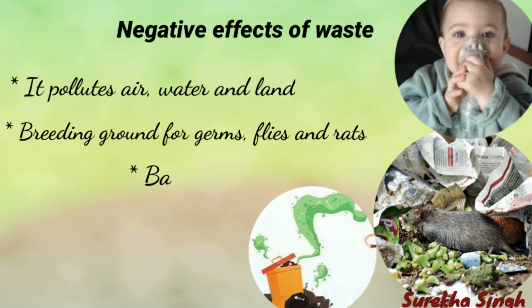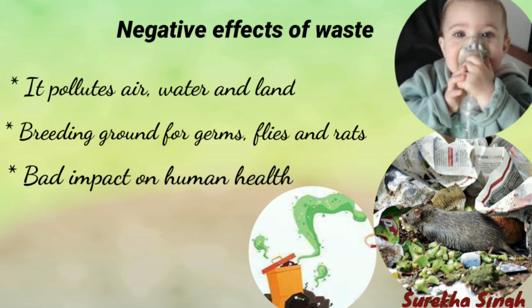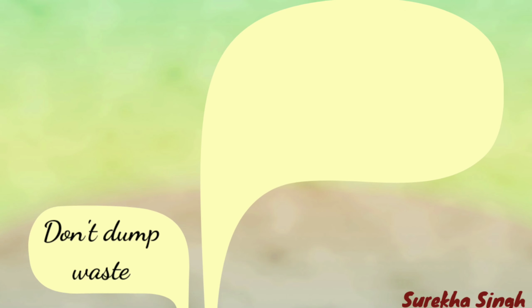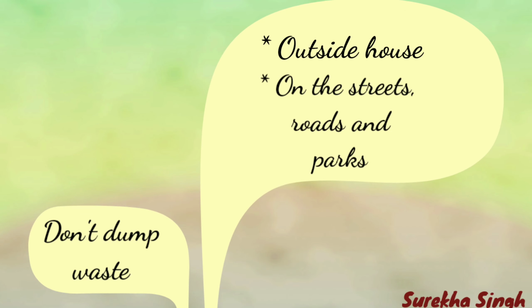It causes diseases like dysentery, typhoid, cholera and plague. It also causes foul smell. It is important not to throw waste materials in open areas like outside our house, on the streets, roads and parks.